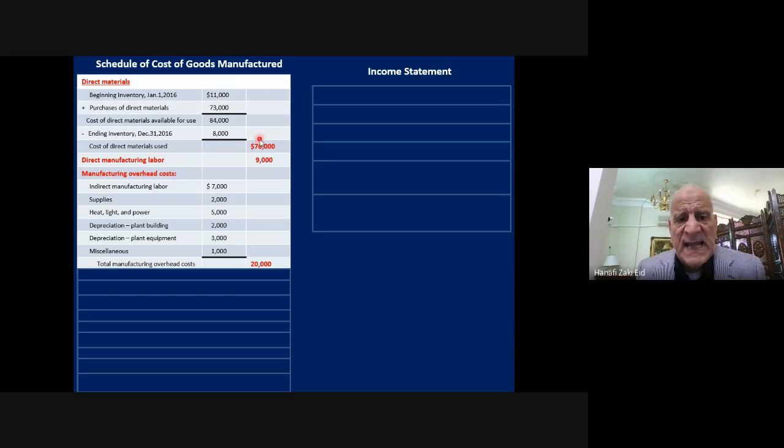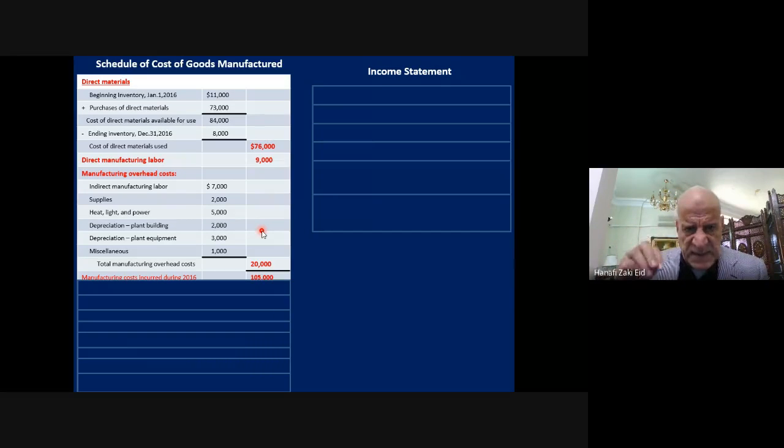Summing the three cost items of manufacturing, the sum is 105,000. This sum is manufacturing costs. These are the manufacturing costs which were incurred during the period.